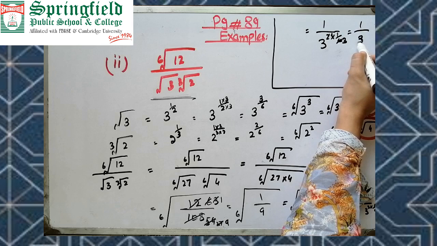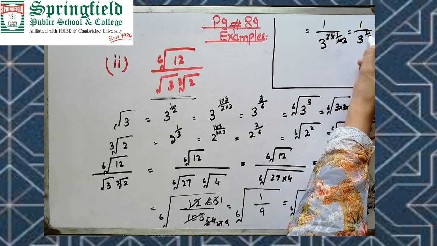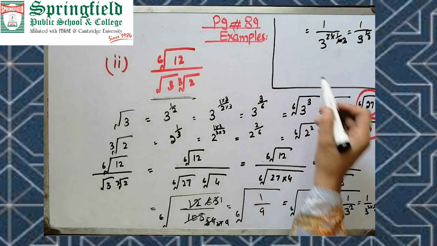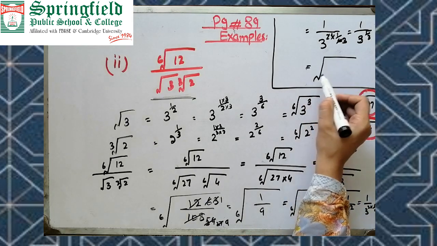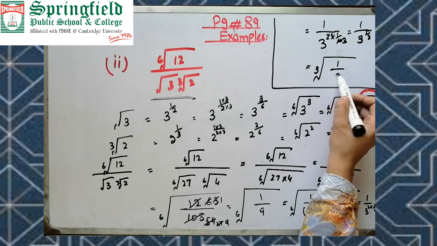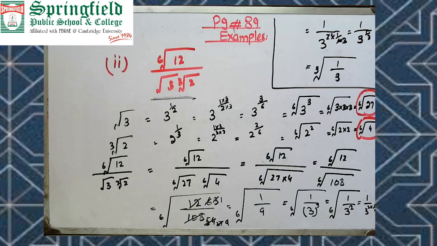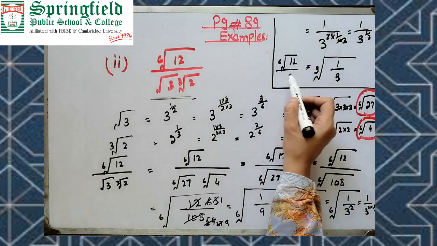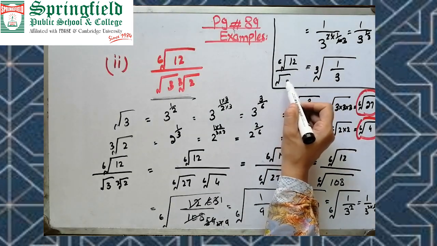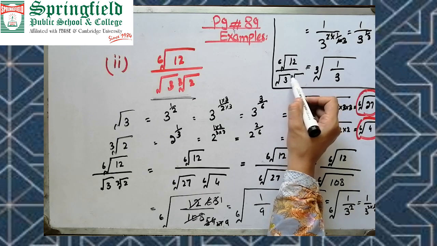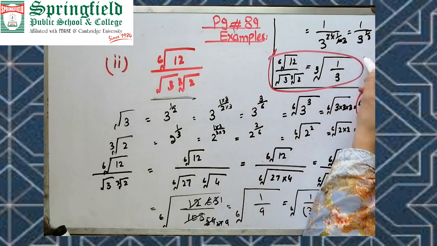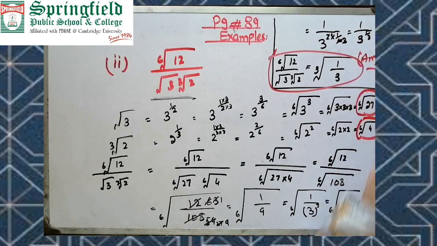This means 1 by 3 power 1 by 3. Fine. And it can be written the cube root of 1 by 3. Understood, beta? Okay. The 6th root of 12 divided by the square root of 3 and the cube root of 2 is equal to the cube root of 1 by 3. And this is your final answer.